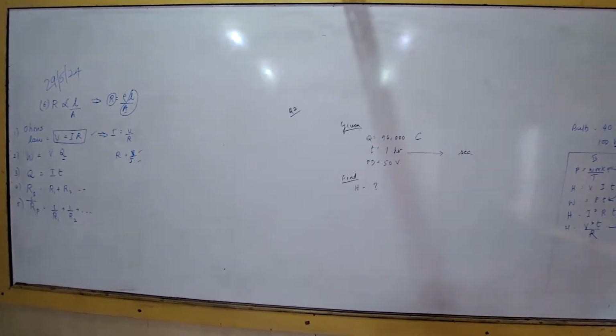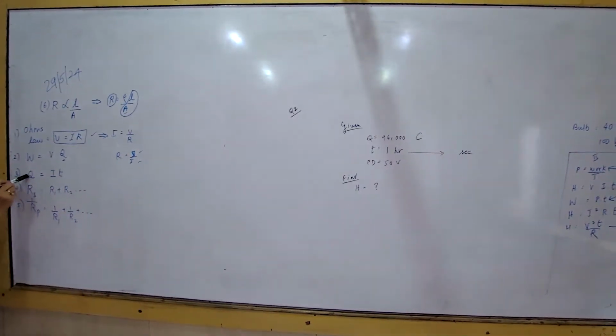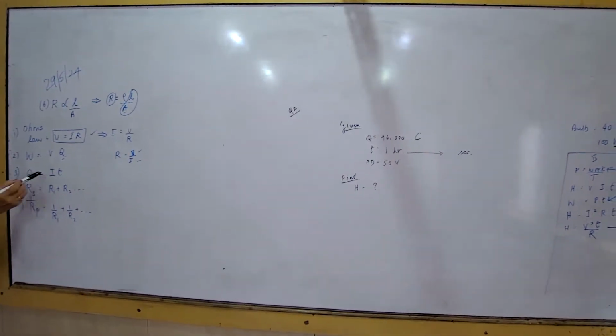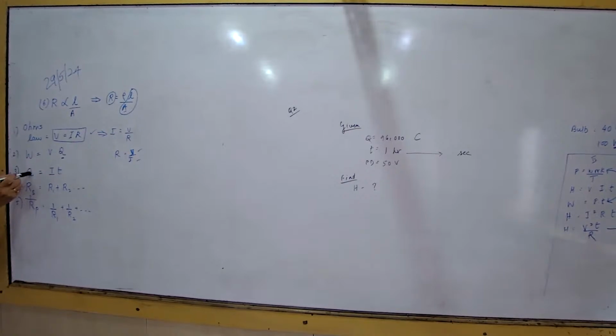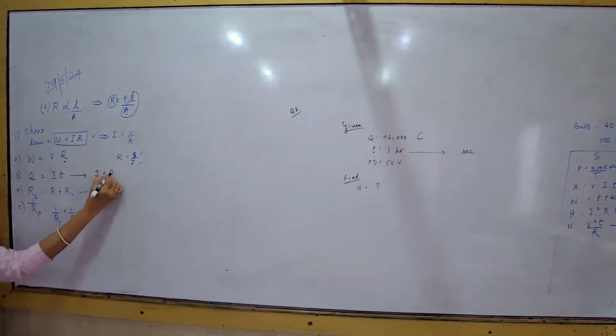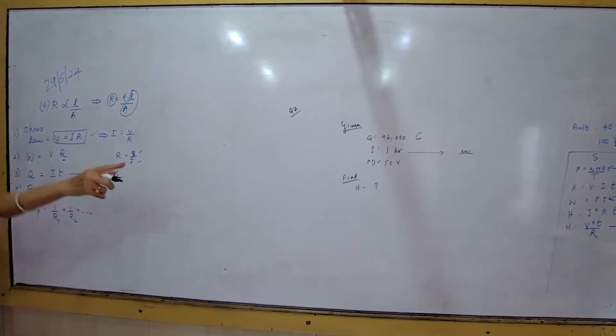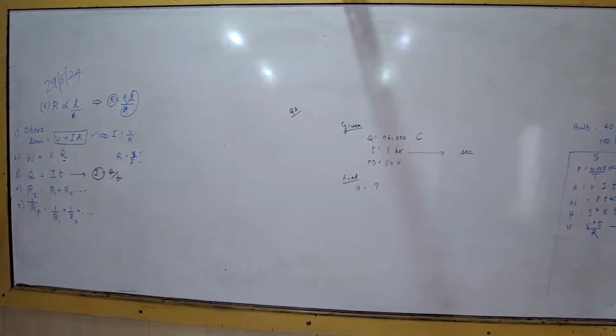Q by T. Ah, you can use this. See here. Q is equal to IT because Q is given to us. Using this, you can find out I is equal to Q upon T. If you know I, then you can substitute. What is the time? 3,600 seconds.